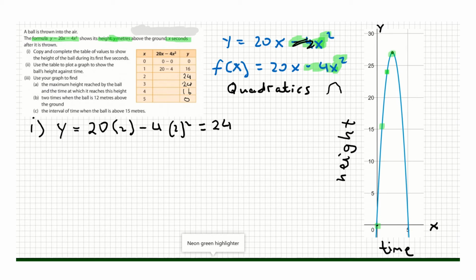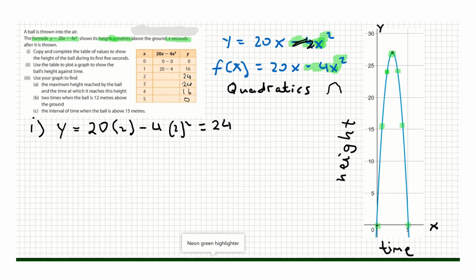Here is the highest point of the ball. Okay, 3 seconds is 24, so it's the same on the other side. 4 seconds will be 16, it's the same on the other side, and 5 seconds the ball is back on the ground. Okay, so there's our graph, which they ask you to do in part 2.